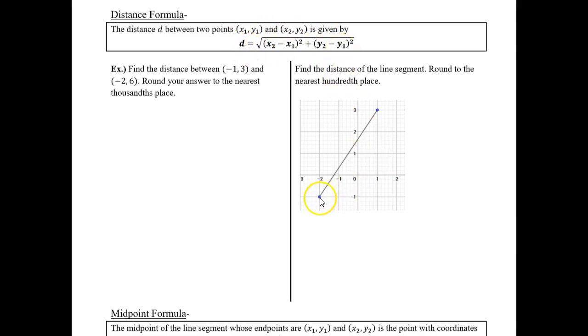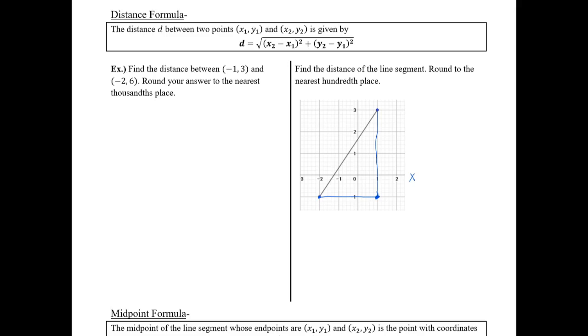If I want to know the distance between 2 points, I can draw a right triangle around those points. The distance on the x-axis, how far left and right, from this point to that point, is the difference in the x's.